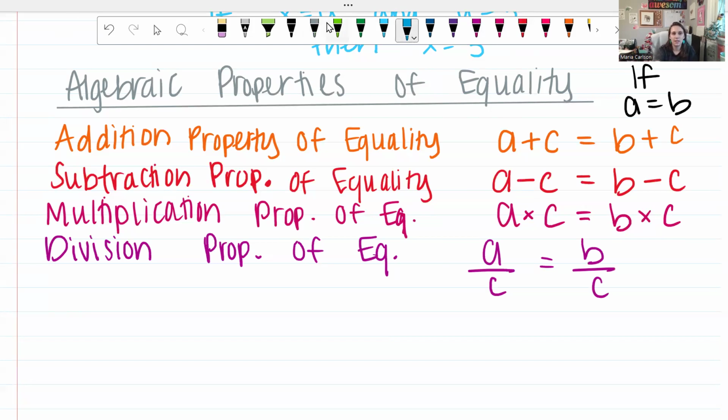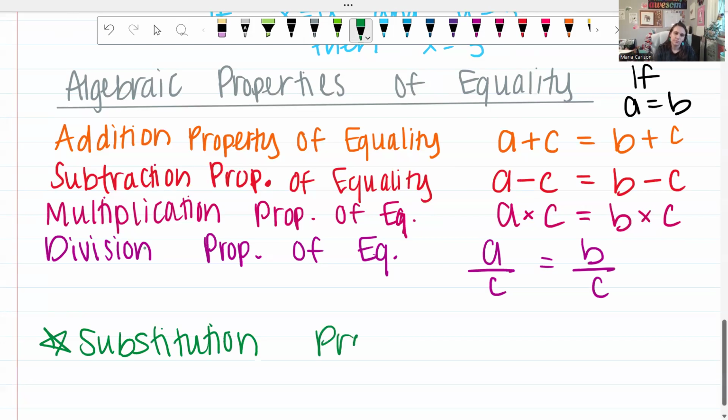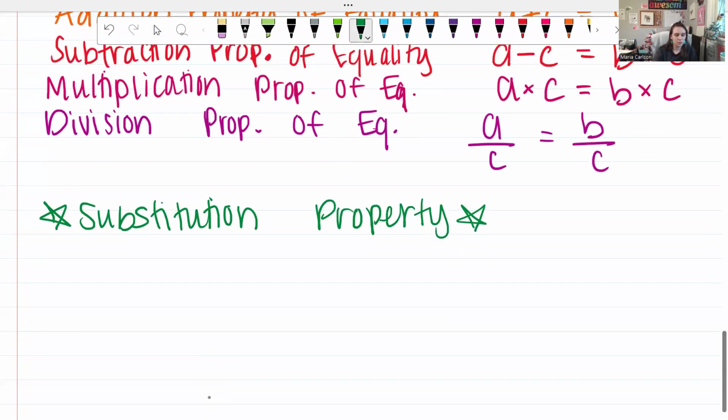Another property and the last property that we are going to define, and one that we will use a lot, is the substitution property. So, very basic example.